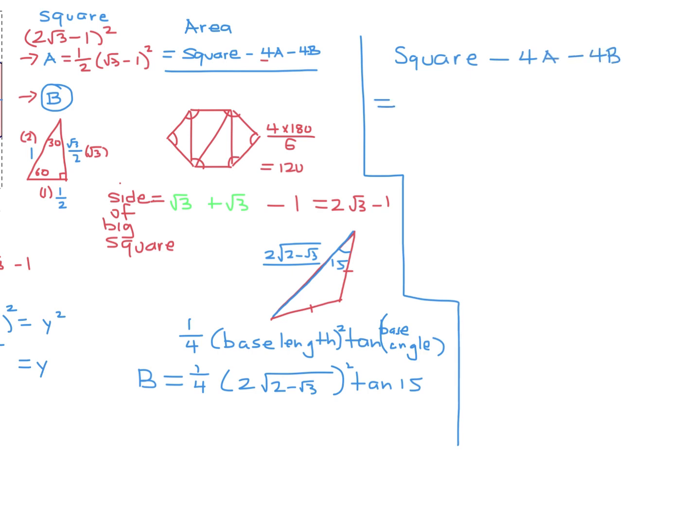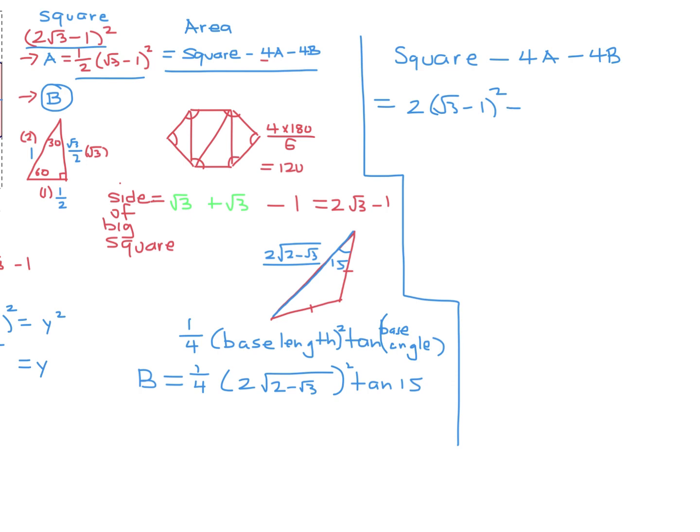So the square is, where's the square? It's right here. Sorry, right here. It's 2 root 3 minus 1 all squared. Okay, we got that.